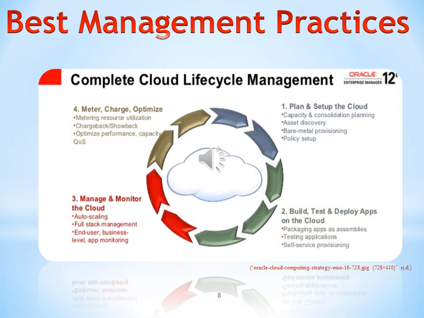Now, how does its life cycle run and what are the best management practices to maintain the cloud system? First, we need to plan and set up the cloud, like I mentioned before, what we need and how we can do it. In the second step, we have to build and test and apply some apps on the cloud.